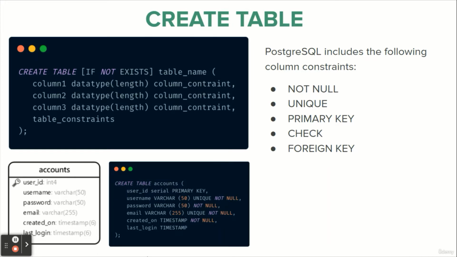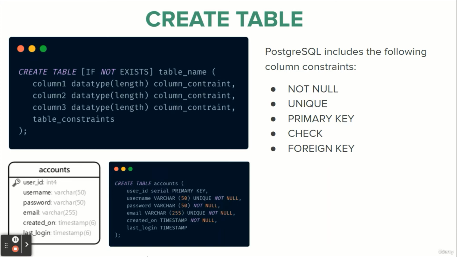In this syntax, first, specify the name of the table after the create table keywords. Second, creating a table that already exists will result in an error. The if not exists option allows you to create the new table only if it doesn't exist. Third, specify a comma-separated list of table columns.